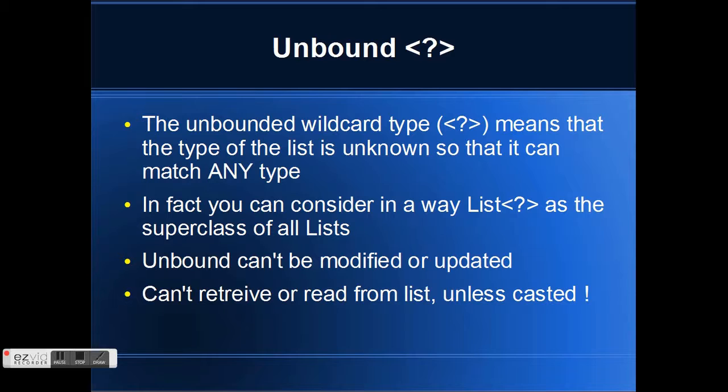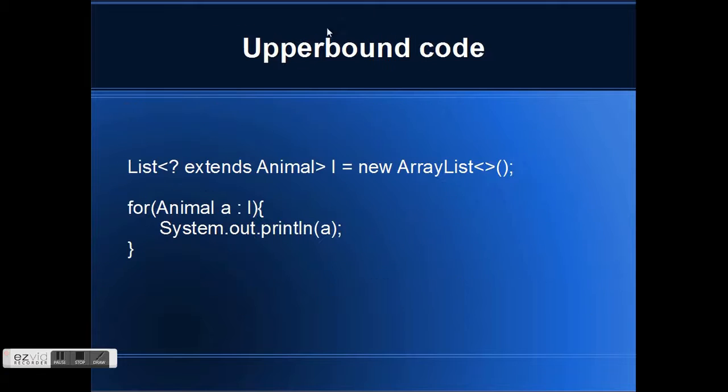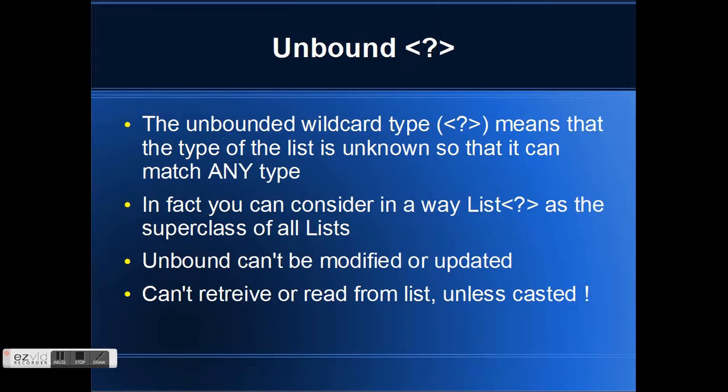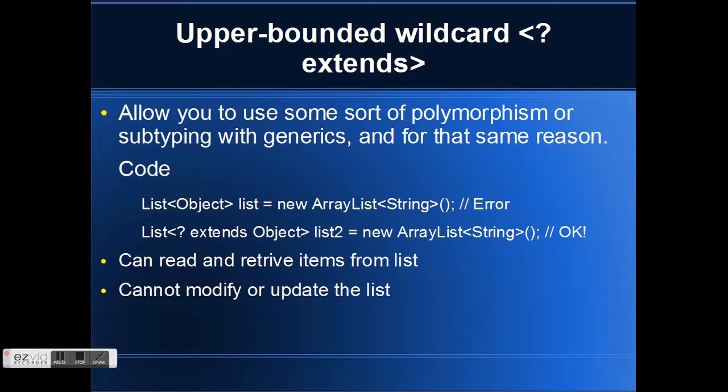Upper bound wildcard allows you to use some sort of polymorphism or subtyping with generics. Look at the code. List<Object> = List<String>. Why is there an error? It's because it's going the wrong way.